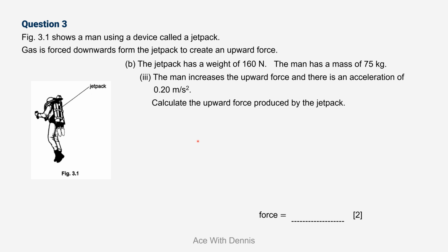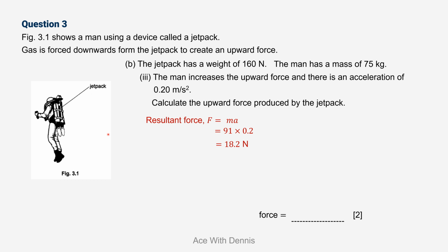Since it is unbalanced, we can use Newton's second law, where the resultant force F is equal to ma. The mass will be 91 kg, which we calculated in the previous part, times the acceleration 0.2 meters per second square, and we get 18.2 newtons.